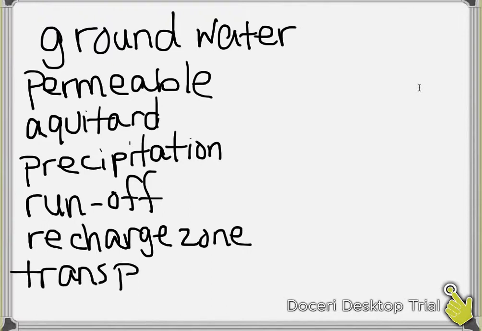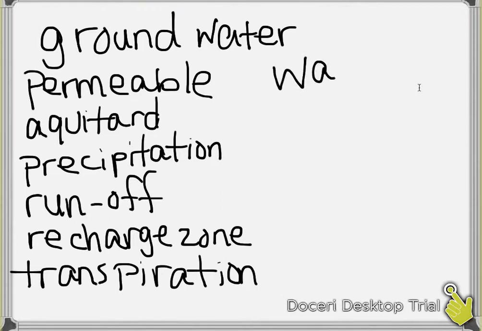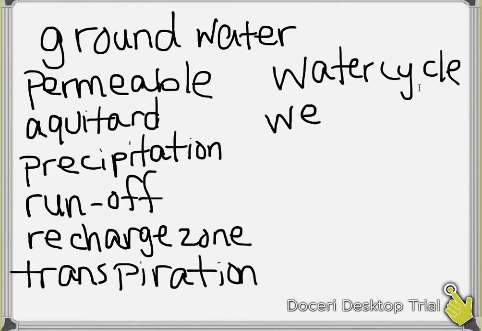Transpiration. Water cycle. Infiltration.